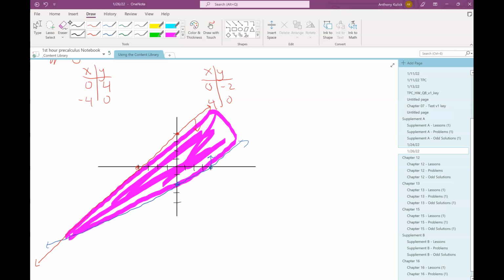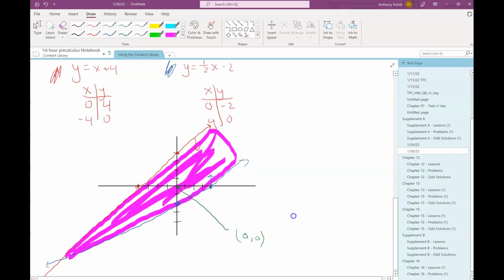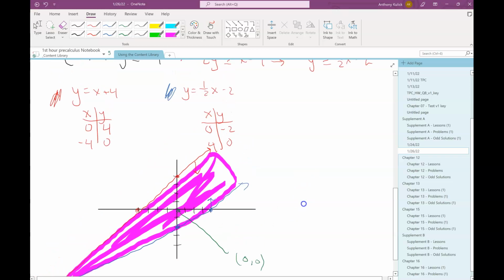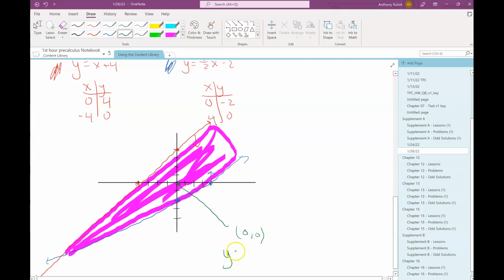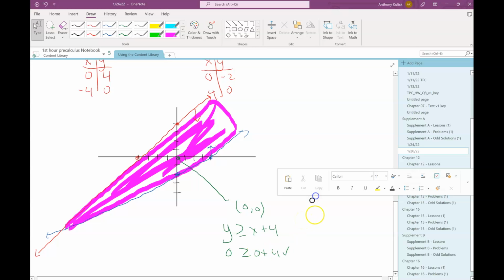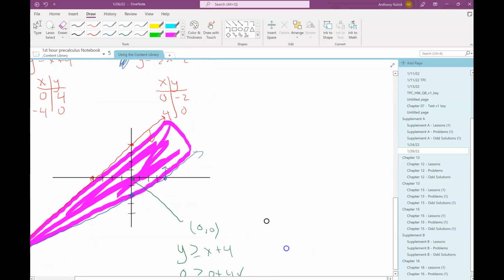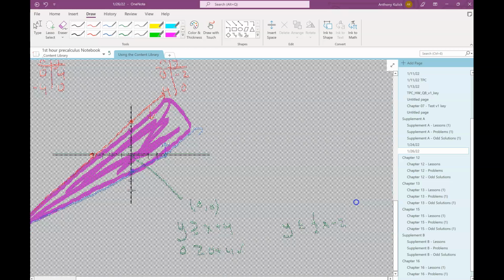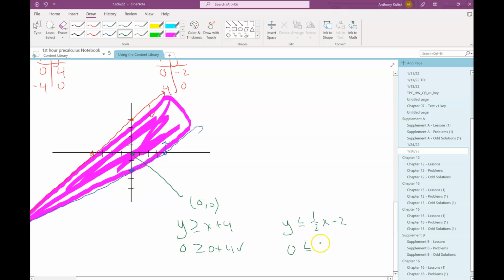Again, to make sure that you have the correct shaded region, an easy check you can do is just pick some point inside that shaded region, like maybe 0, 0, and just make sure that satisfies both inequalities. So for example, if I take the first one, if I plug 0, 0 in for that, checks out. If I take the second one, and I plug 0, 0 in for that.